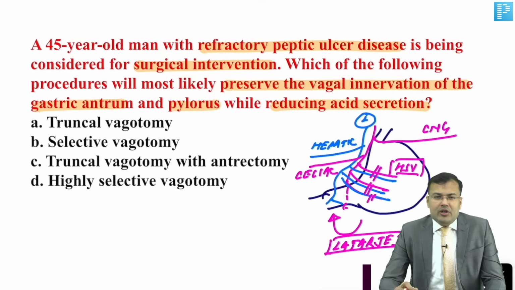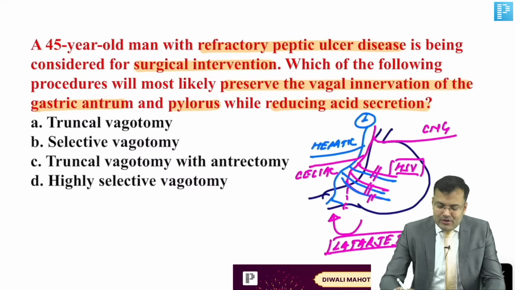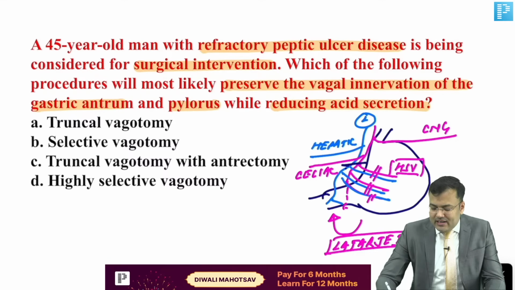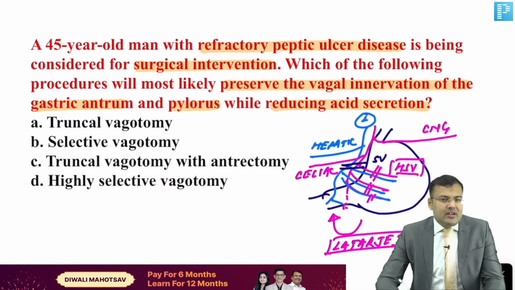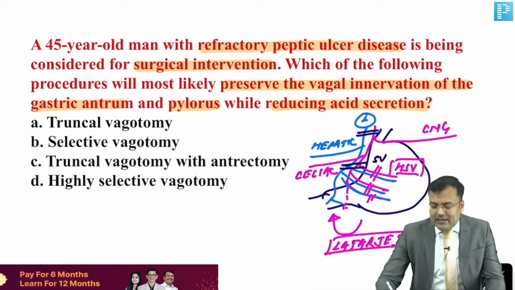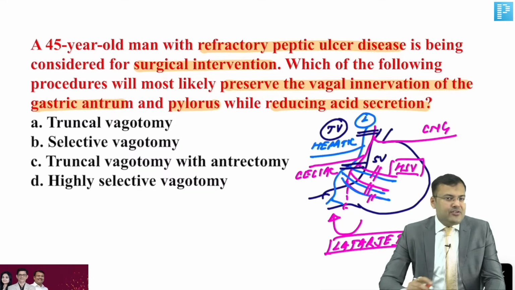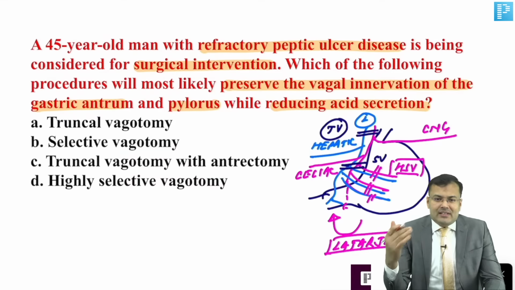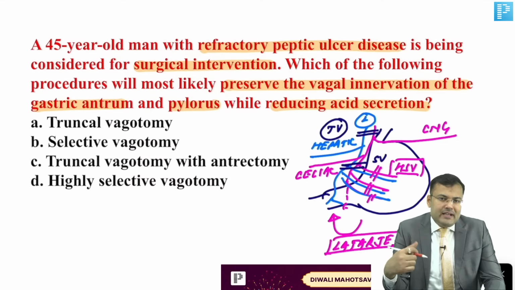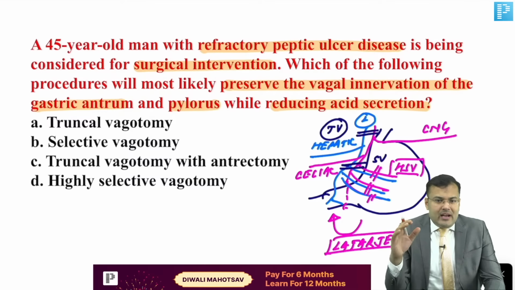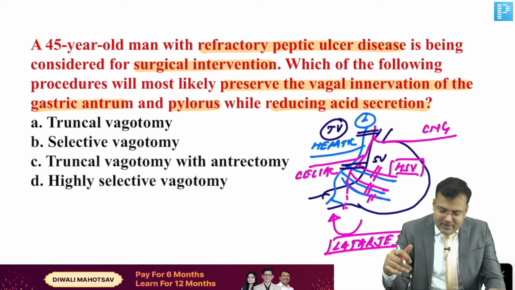What is selective vagotomy? We divide the vagus after the celiac and hepatic branch. And truncal vagotomy is when you divide the main trunk. And if you divide the seromuscular branches, that is what?